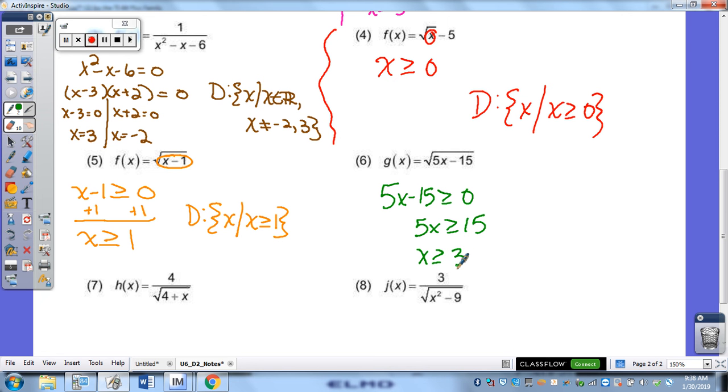And I get x greater than or equal to 3. x such that x is greater than or equal to 3. Now that sign won't flip. Remember, if you divide by a negative, it would flip and become a less than. These examples didn't have that, but that is possible. It's not always greater than.